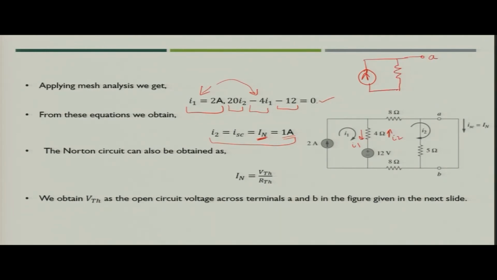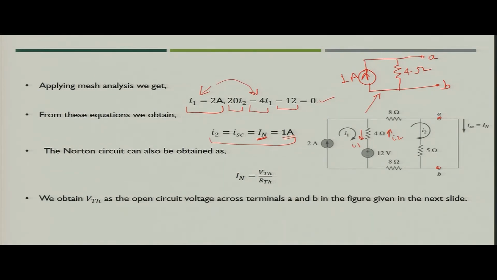You will have terminal A and B. This you have just calculated as 4 ohm, and this is 1 ampere. So, basically the Norton's equivalent of this circuit when it is not short circuited would be 1 ampere in parallel with 4 ohm resistance.